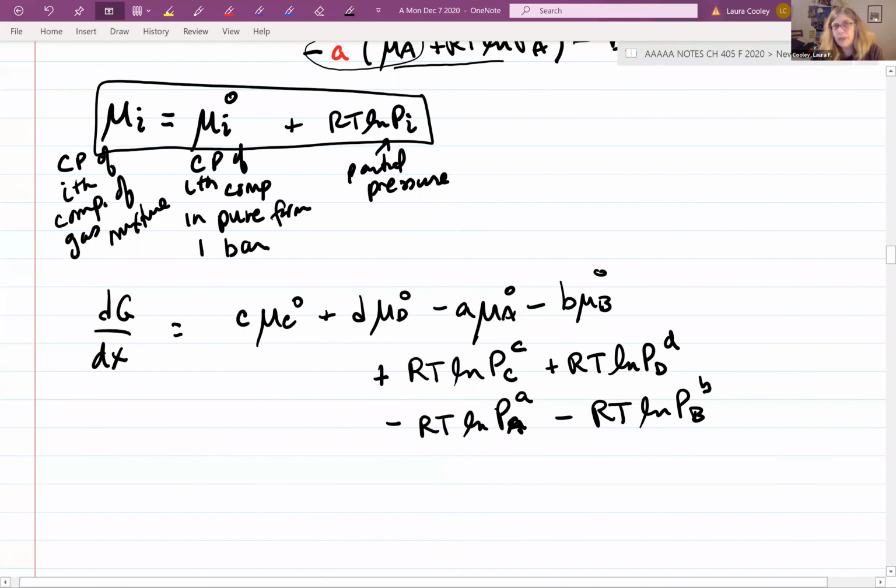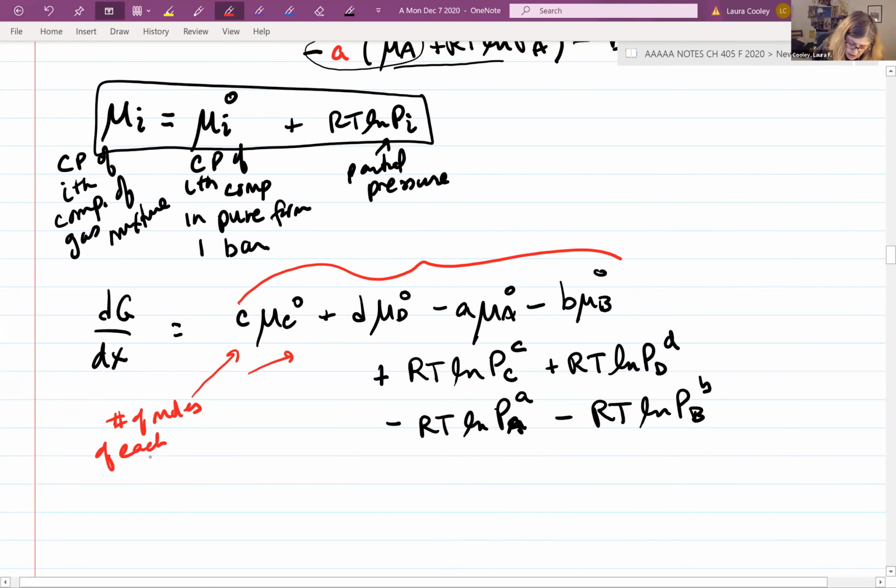All right, so let's see what we got here. This first thing, each of these is the number of moles of each component multiplied by the value for a pure substance.